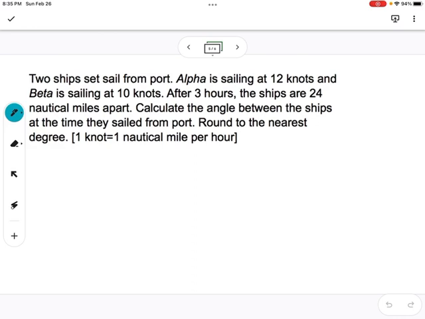Okay, our last example here. We have two ships set sail from port. Okay, so from port, we have two ships that set sail. We have Alpha and Beta. Alpha is sailing at 12 knots and Beta is sailing at 10 knots. After 3 hours, the ships are 24 nautical miles apart.